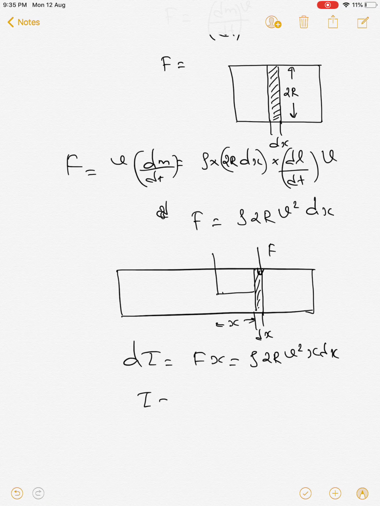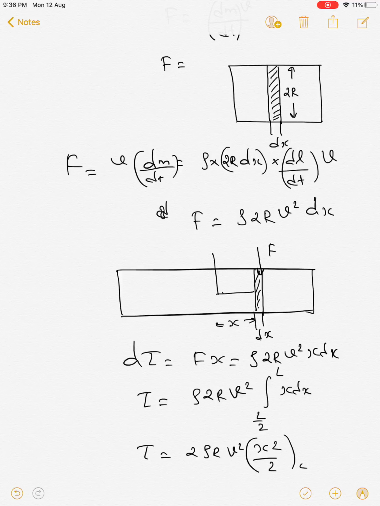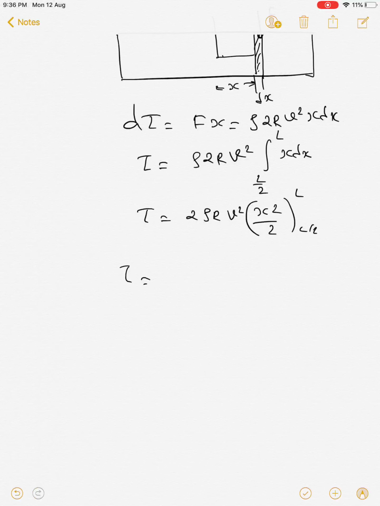And we have to find out the value of net torque. So we can take 2 into rho r into v square into integration of x dx, and in the question it is given that the region in which the force is acting is changing from L by 2 to L. So we can take it as 2 rho r into v square into x square divided by 2, and the limit is changing from L by 2 to L. So we can write this as rho r v square into L square minus L square divided by 4.